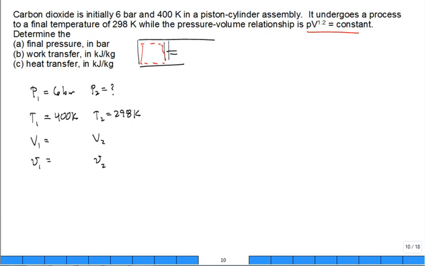Well, we have to say that during the process, both P1 V1 to the 1.2 and P2 V2 to the 1.2, they're equal. So this is equal to P1 V1 to the 1.2. Isn't that true? It's equal to a constant.